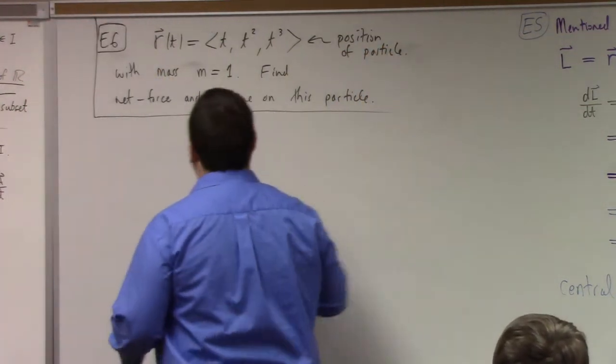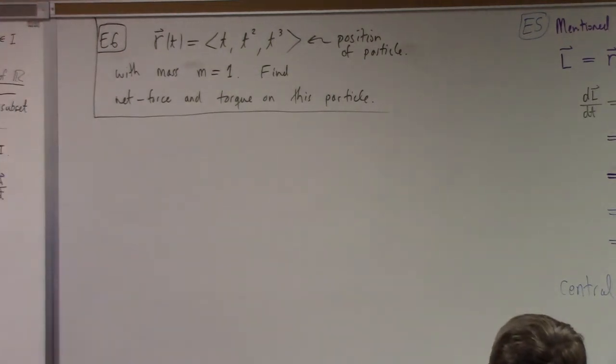If I give you the mass, you'll be able to find the net force on the particle as well as the net torque on the particle with respect to the origin. Let me restate this problem for you. Calculate the derivative, calculate the second derivative, take the cross product of the second derivative with the function itself.